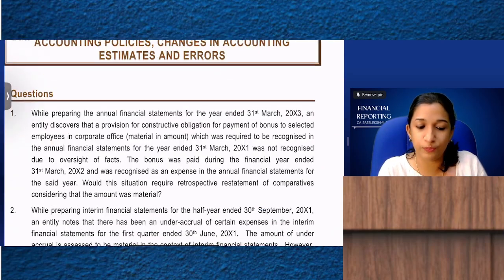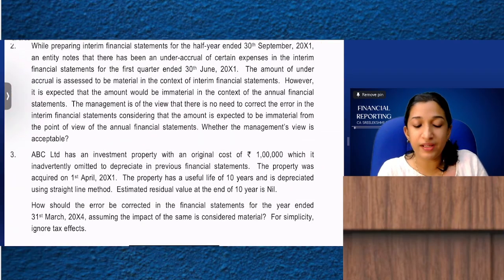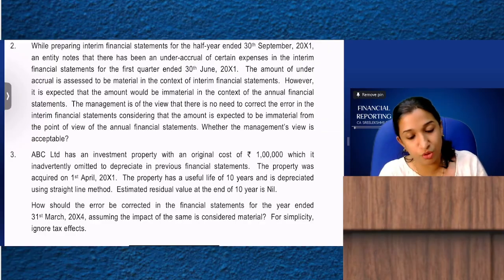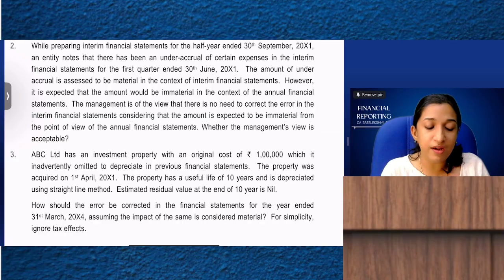Now, question number 2. While preparing interim financial statements for the half year ended 30th September, an entity notes that there has been an under accrual of certain expenses in the interim financial statements for the first quarter ended 30th June. The amount of under accrual is assessed to be material in the context of IFR.